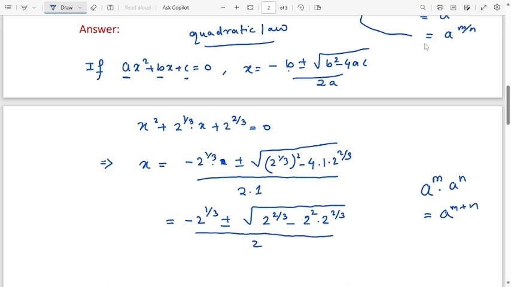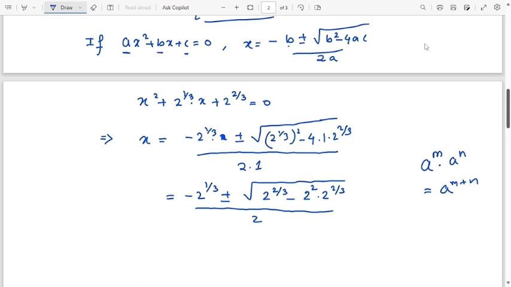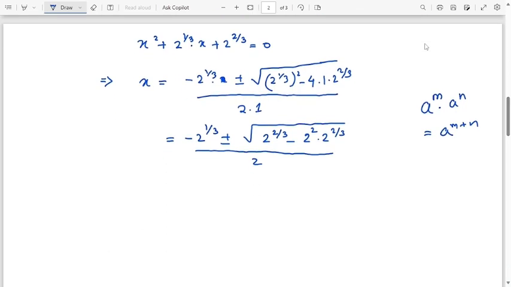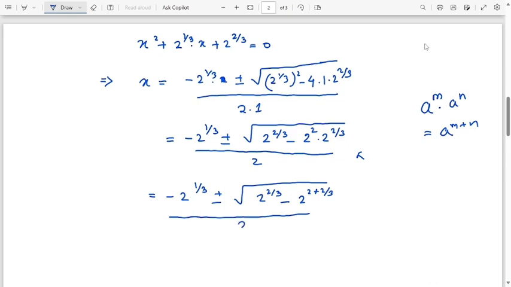We are using this formula to simplify the expression. So we can write −2^(1/3) ± √(2^(2/3) − 2^(2+2/3)) over 2a.